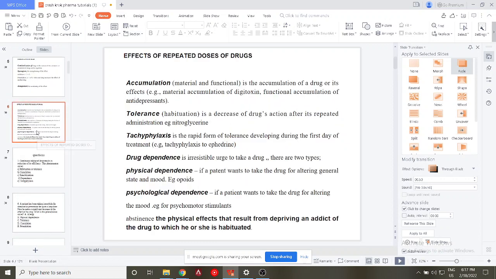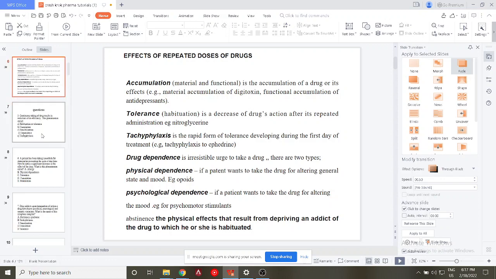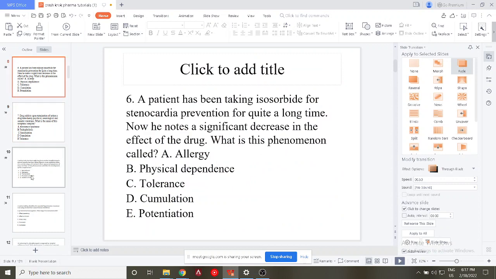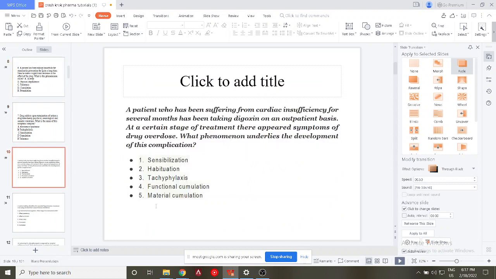So let's review our book. We talked about material accumulation happening for digitoxin, and the question talks about digitoxin. Yes, it's material. I want to explain the difference between material and functional. For material accumulation, the drug is still in your system. But for functional accumulation, you can still see symptoms after the drug has left your system.